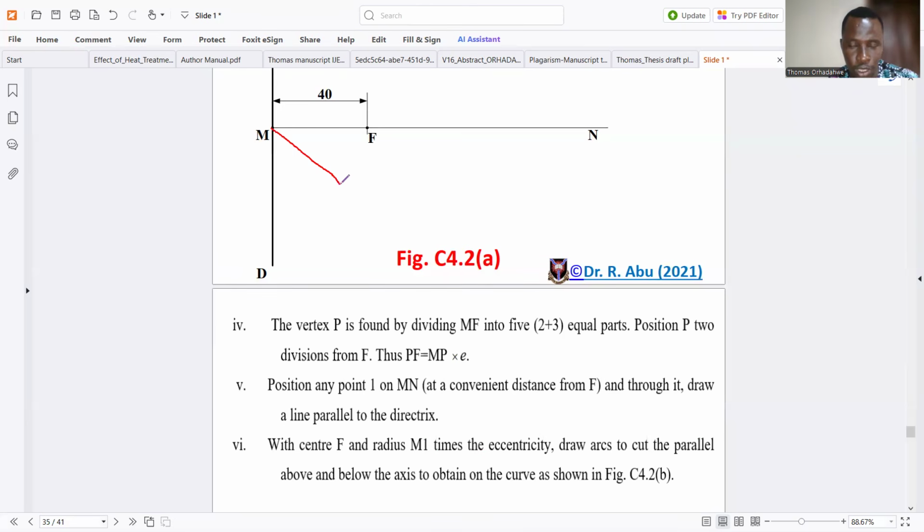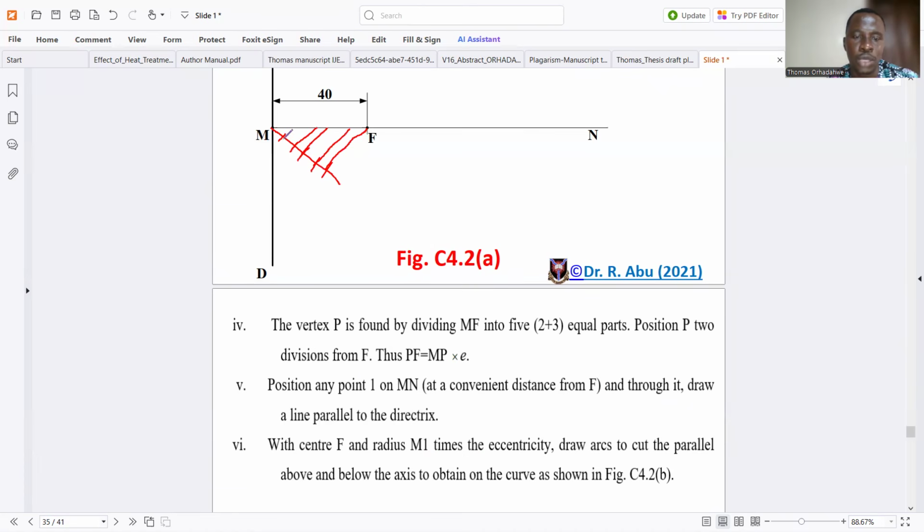So, we have 1, 2, 3, 4, and 5. So you join the 5th one to the last point here, and using parallel lines, you can transfer the line. Using your set squares, you can draw parallel lines to that.